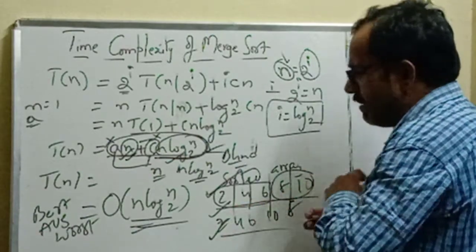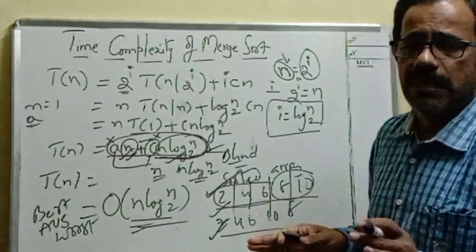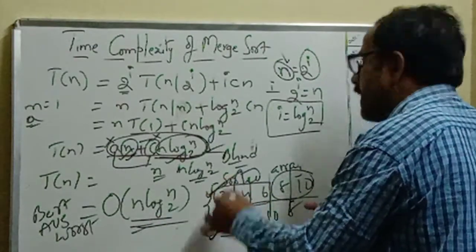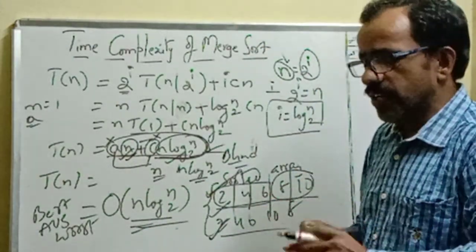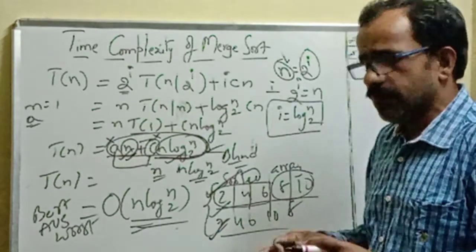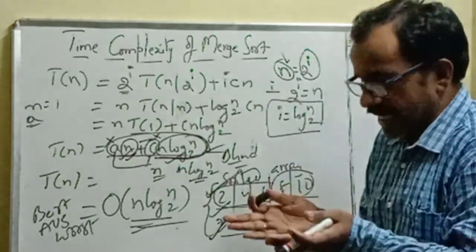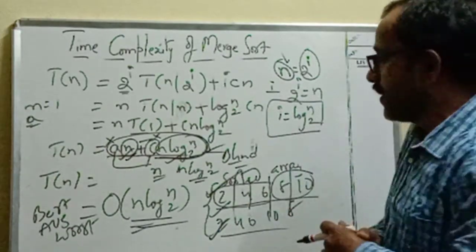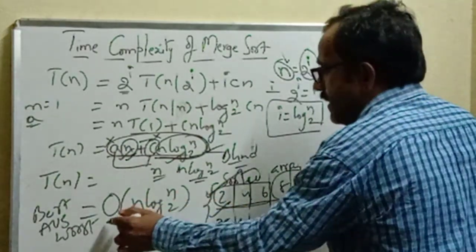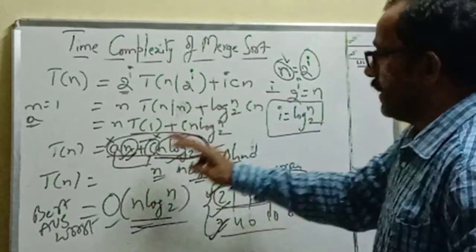Worst means all the elements are not in order. In all three cases, merge sort blindly proceeds, dividing the problem into subproblems, again dividing those subproblems into subproblems until reaching the smallest subproblems. There the merge starts. There merge sorts. That's why this is the time complexity under merge sort for three cases.